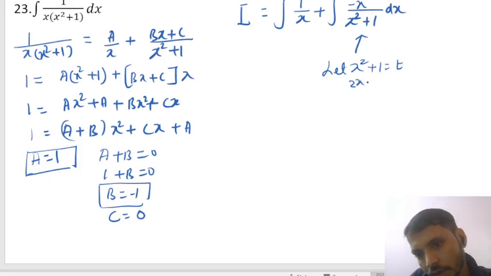That means the differentiation will be 2x into dx, and this is equal to dt.